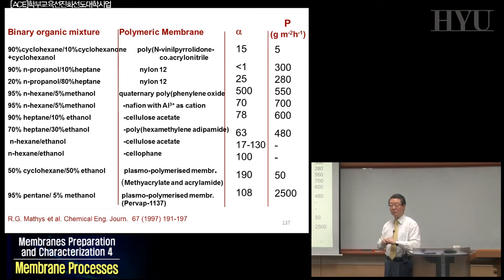Therefore, the new process called pervaporation has been highlighted in the early 80s, which is about 30 years ago. And the people in Germany were spotlighting this polyvinyl alcohol membrane. Polyvinyl alcohol, of course, can attract the water, not ethanol, because of the hydrophilicity of the polyvinyl alcohol membrane, so that you can attract only water, the 10% water.